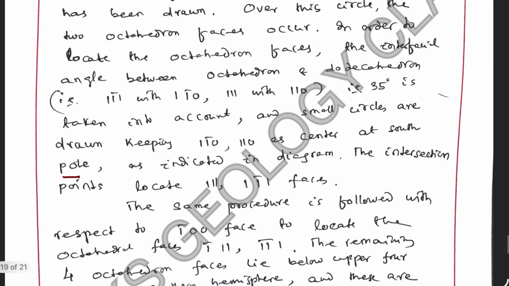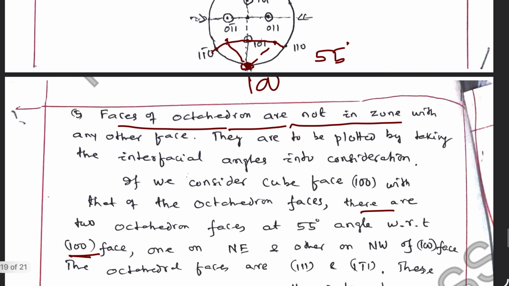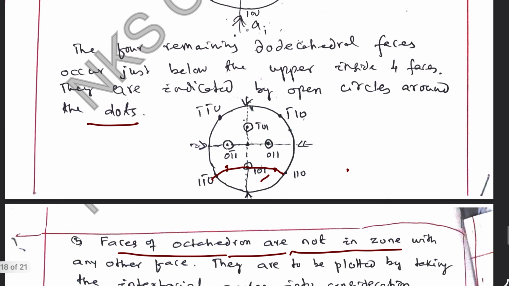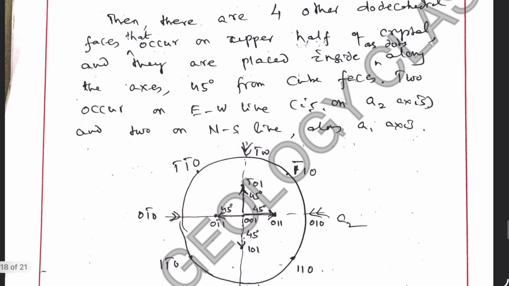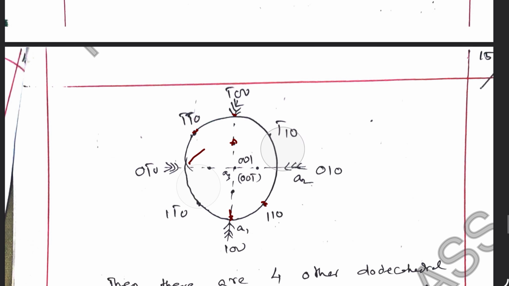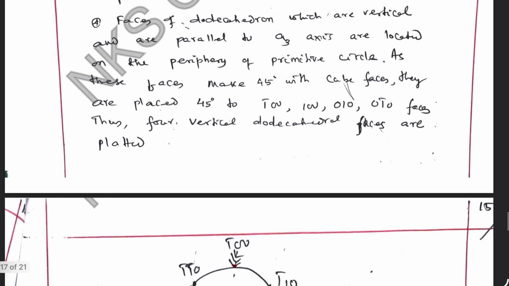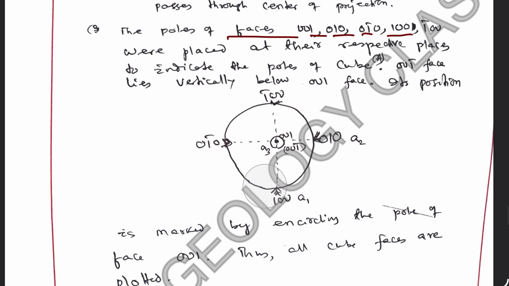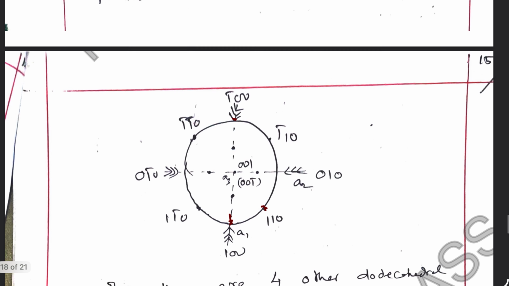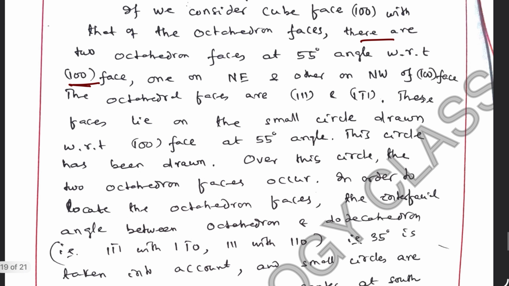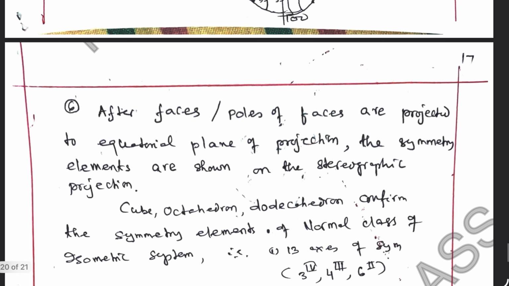This is a cubic crystal. We know a cubic crystal is noted for 9 planes, 13 axes and 1 center. We will show these symmetry elements in the stereographic net.